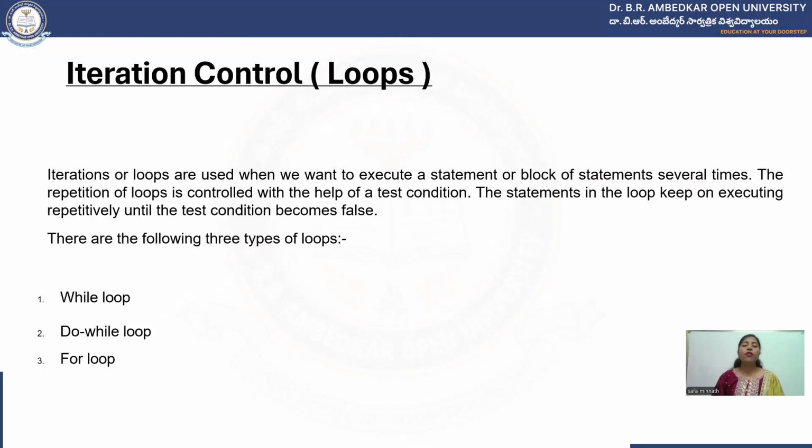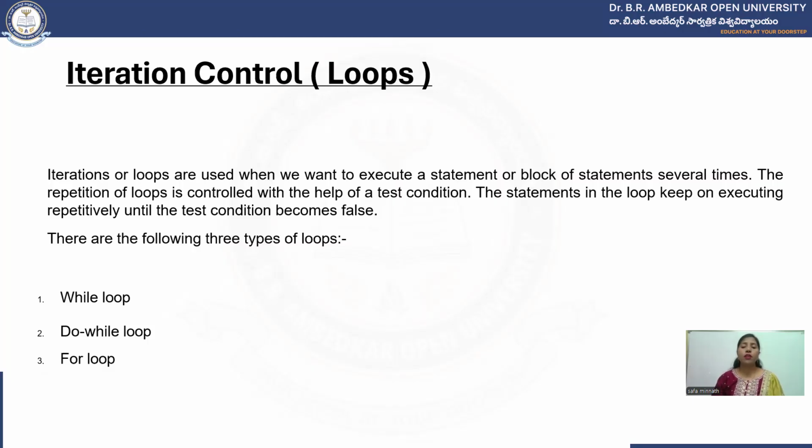The repetition of loops is controlled with the help of a test condition. So in loops also we use a test condition. If the condition is true, then we enter into the loop. Until the condition is satisfied, the loop keeps executing repeatedly. That's why we call it an iterative statement. In this we have three types: while loop, do while loop, and for loop.